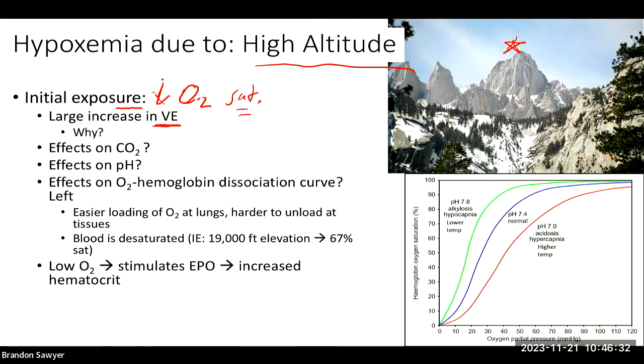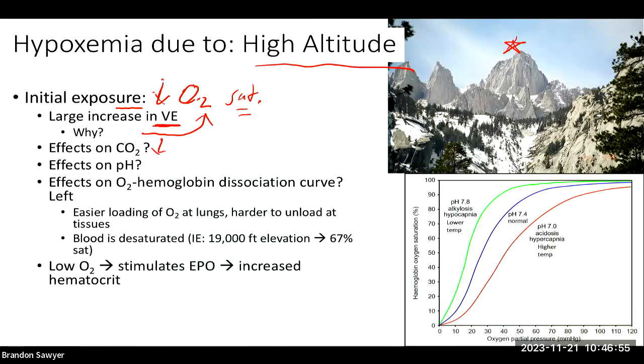That causes you to start breathing more, a direct stimulus that increases your ventilation. But if you're not actually increasing your metabolism, this is a form of hyperventilation, because you don't have extra CO2 to blow off. Since you're breathing more, your CO2 levels go down.